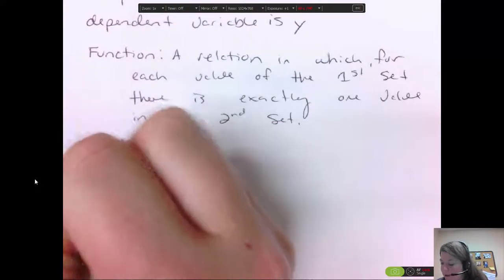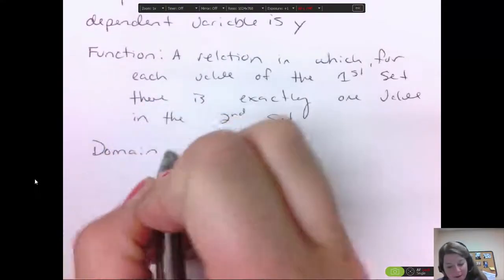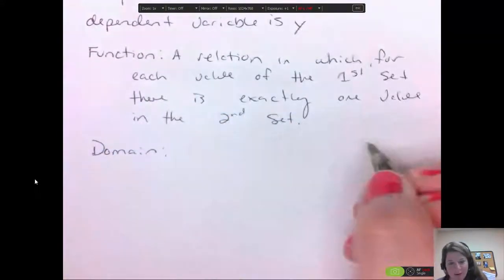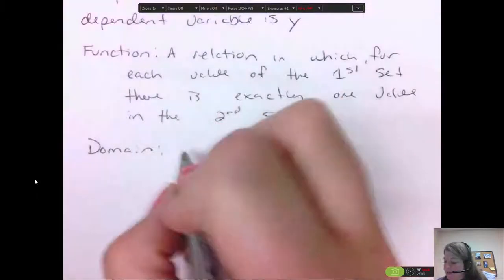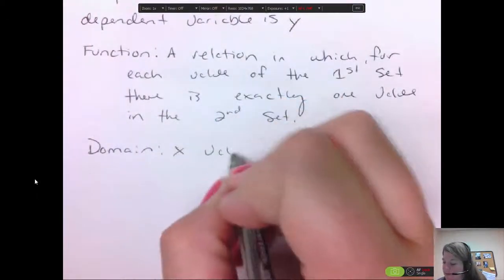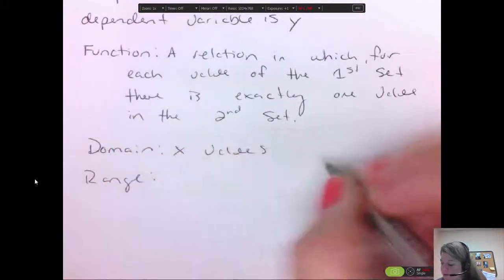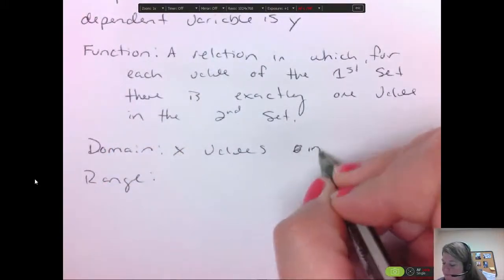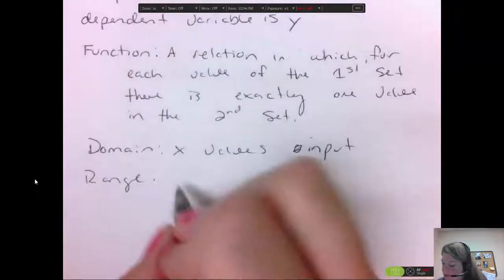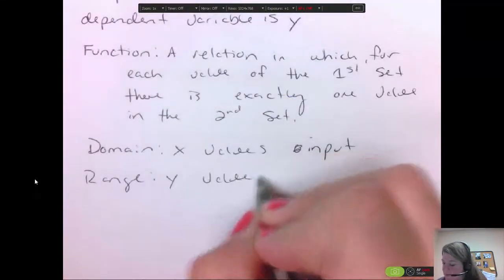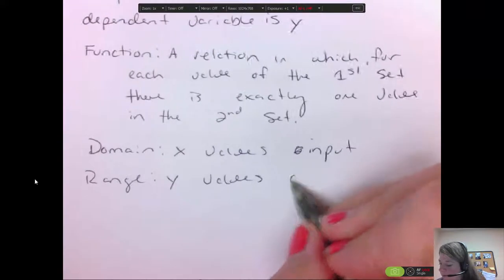We happen to call that first set our domain, okay? And this is our x values, and this is our input. Our range is our y values, or our output.